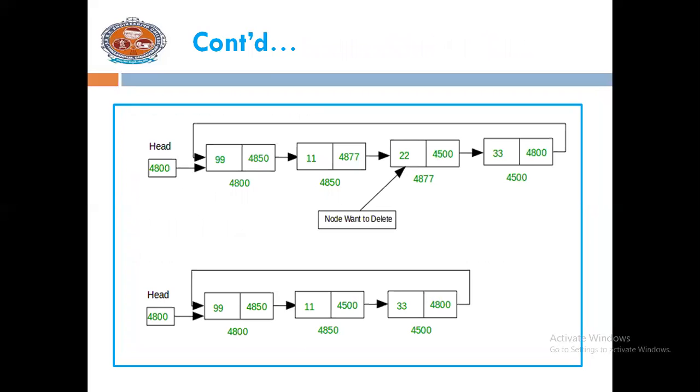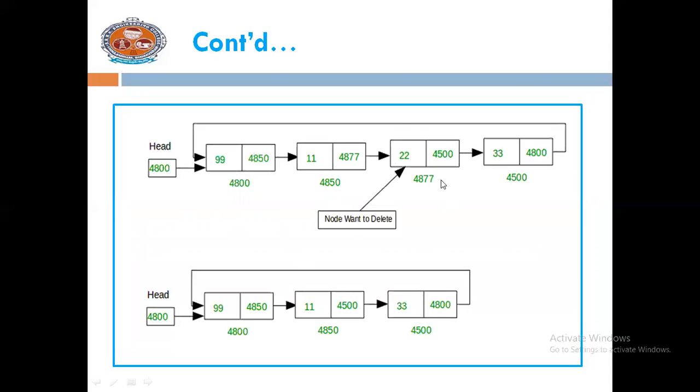Here is the example diagram. This diagram shows deleting a node at a specified position. Here we want to delete the node at the third position, so 22 should be deleted. Whenever 22 is deleted, the node at 4850 is called the previous node, and the next node, which is at 4500, is called the next node.